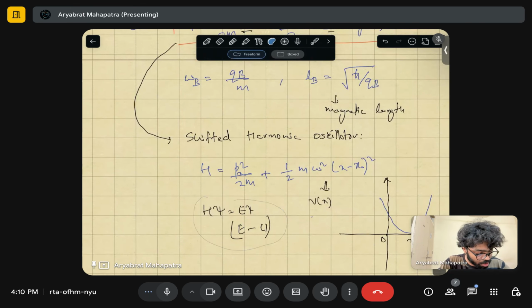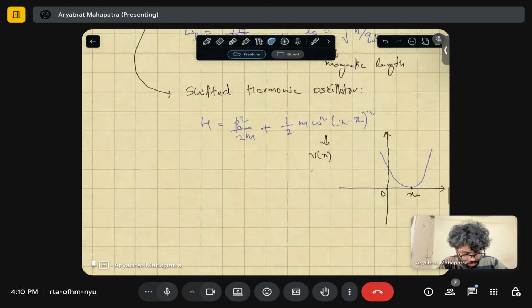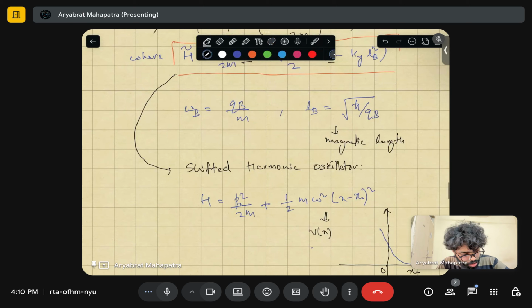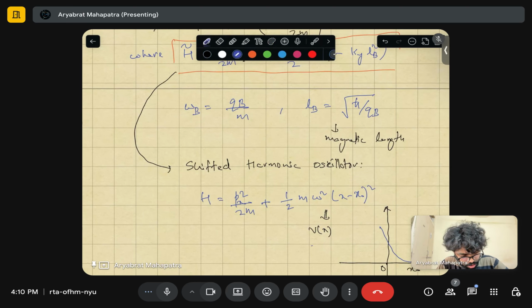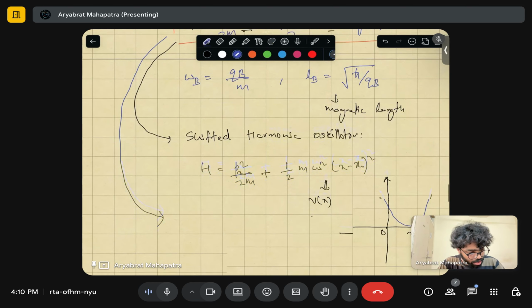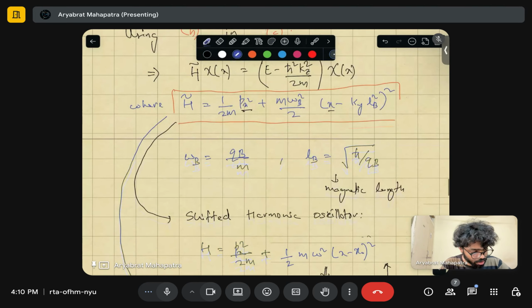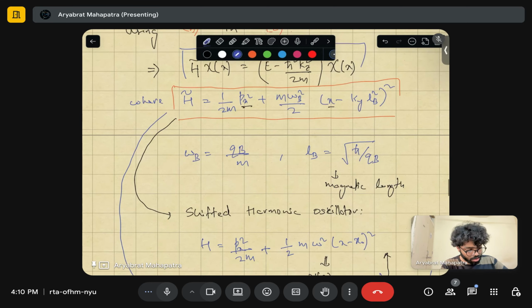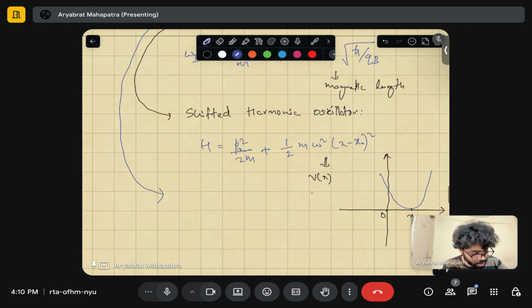So now if you see this, the energy is exactly like you see in a harmonic oscillator system also.